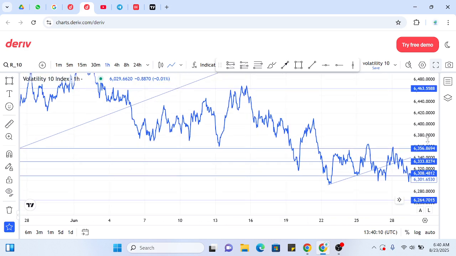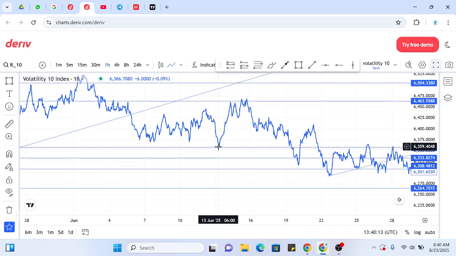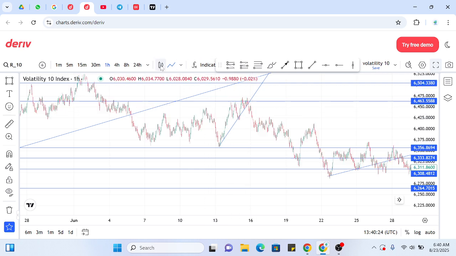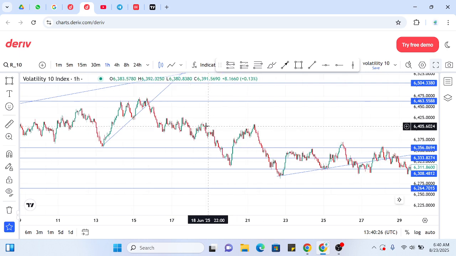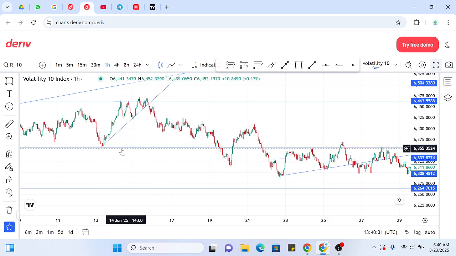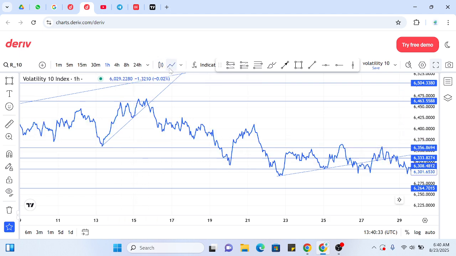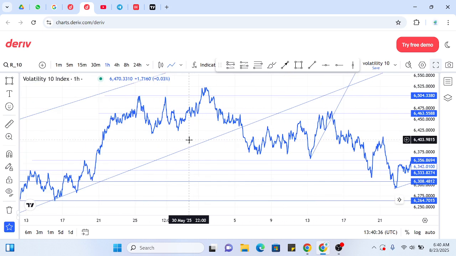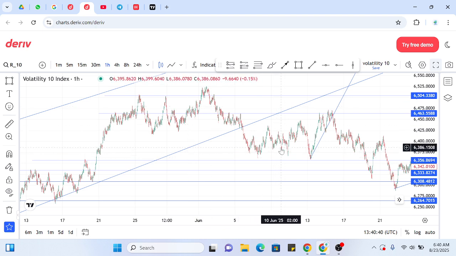Okay, so that's it. This one, basically connect this to this or this low, and you get a proper break, which is connect this to this point, and this was a proper break. Let's see what happened. Candlestick close, which is this one, put your stop loss above, and price really dropped nicely. So with this trend line strategy, you just have to be patient.